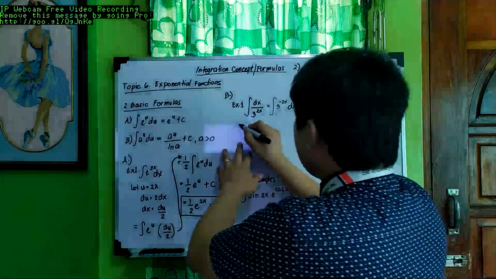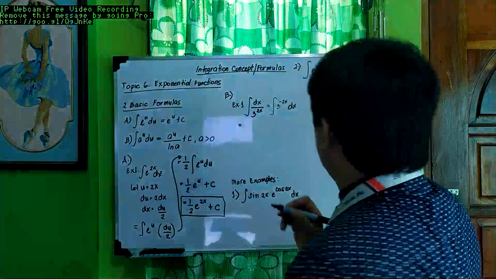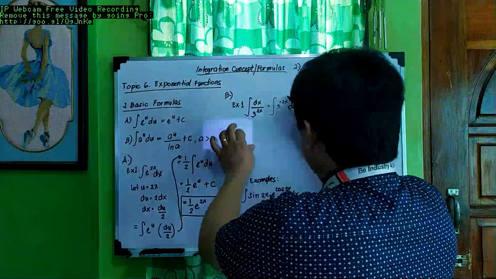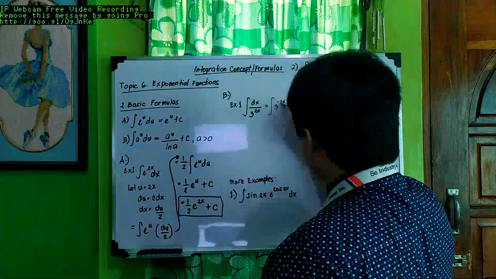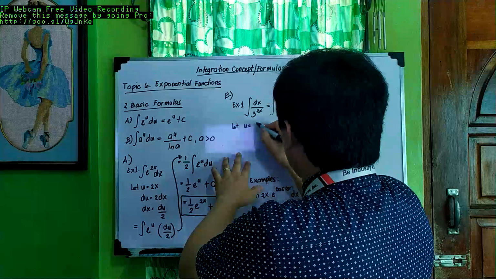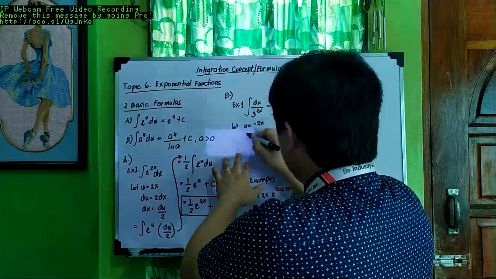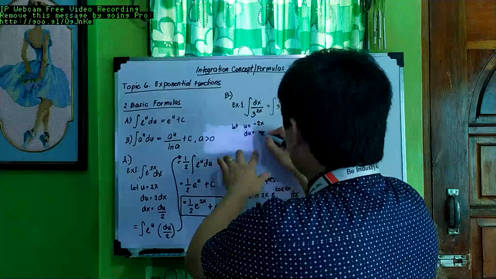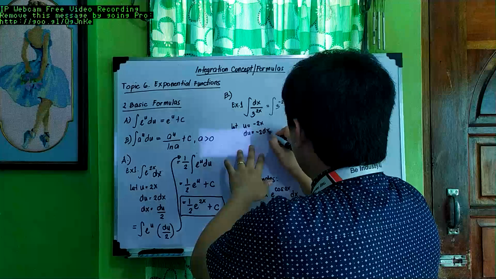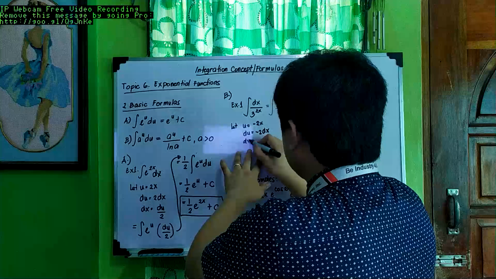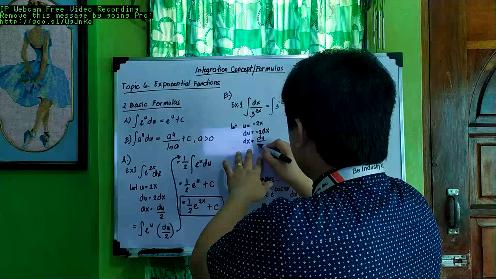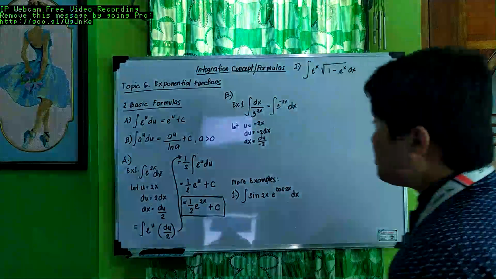Now, next, what will we do? We need to let u be equal to negative 2x and our du will be equal to negative 2 dx, where our dx will be equal to du over negative 2.